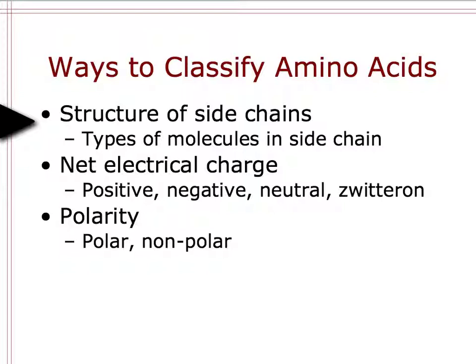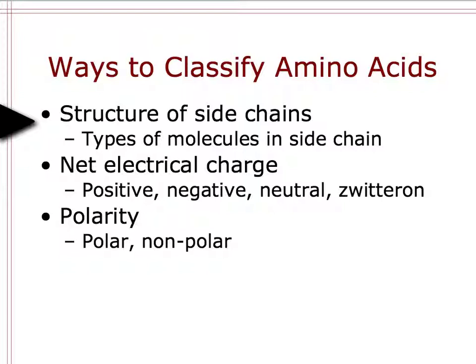So when we classify by what's in those side chains, it might be looking at, for example, whether there's a hydroxyl group in the side chain or whether there's a sulfur, like cysteine, in the side chain, or those sorts of things. So basically looking at what that side chain looks like as a molecule.